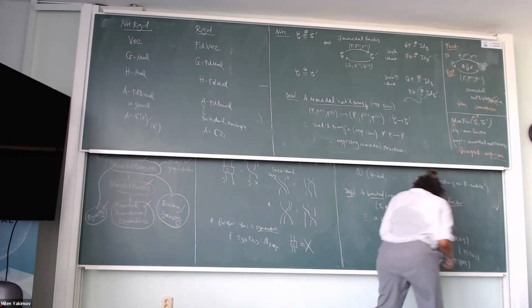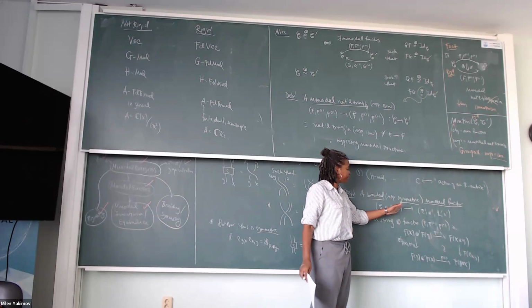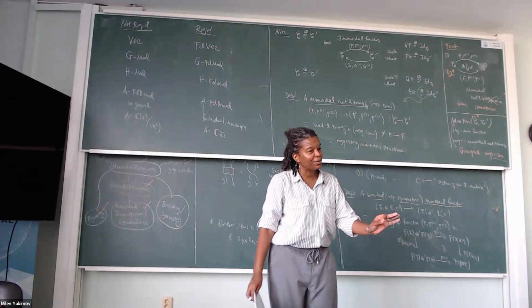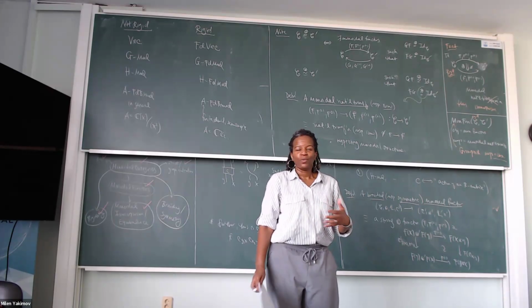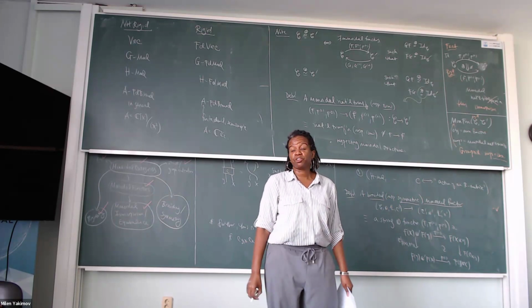So you want that condition. All right, I'm not going to give examples of these types of functors because the most important example of a symmetric monoidal functor is going to come in lecture 4. This is what a TQFT is. It's a special type of symmetric monoidal functor.